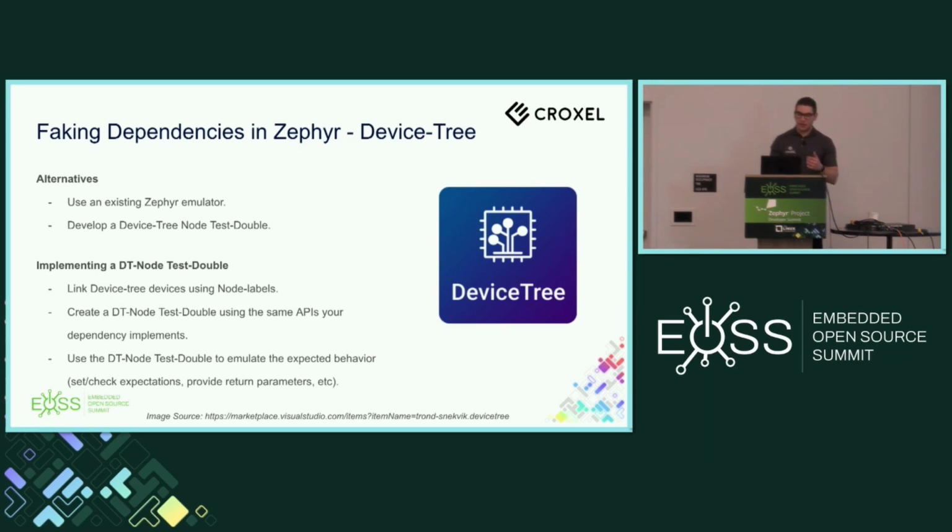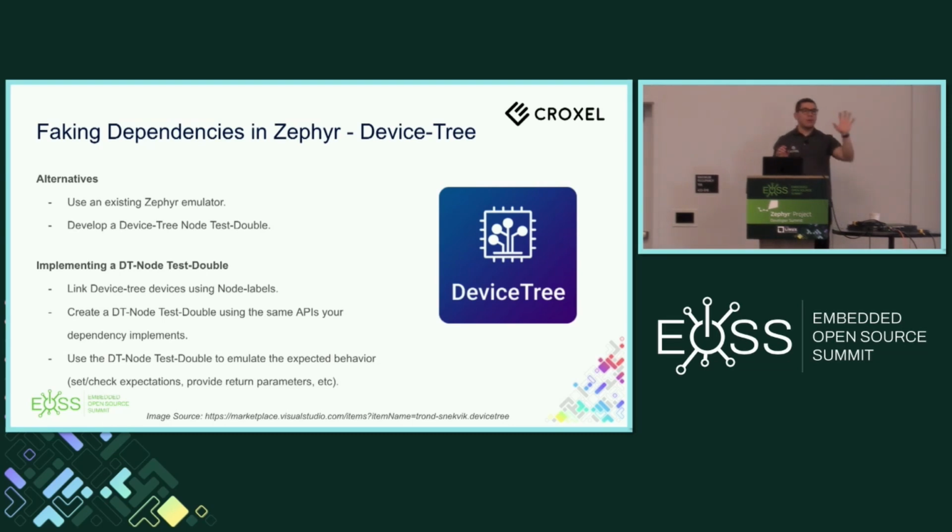When you are implementing a DT node test double, you add a device tree node with the compatible property that matches the driver of the module that you're trying to fake. Essentially, you implement the fake module as a driver, you make the fake compatible property, and you link it on the device tree node, for instance as an overlay.